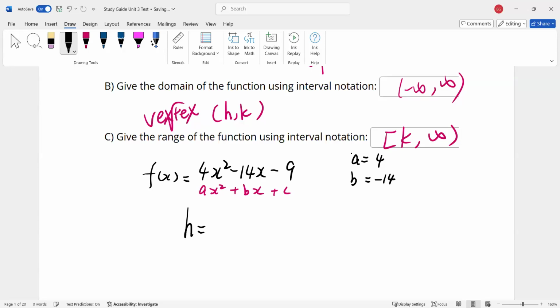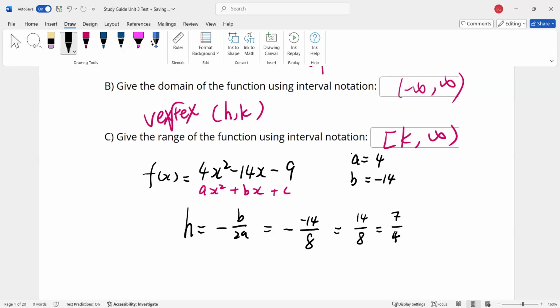H is negative B over 2A. Negative B is positive 14, and A is 4, so 2A is 8. So 14 over 8, divided top and bottom by 2, is 7 over 4. 7 over 4 is h.